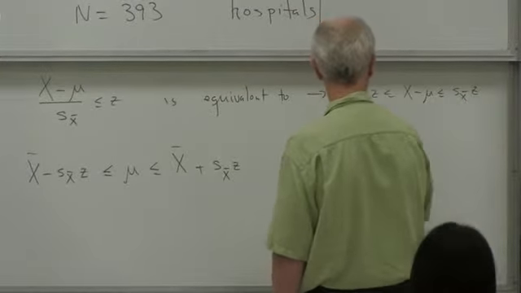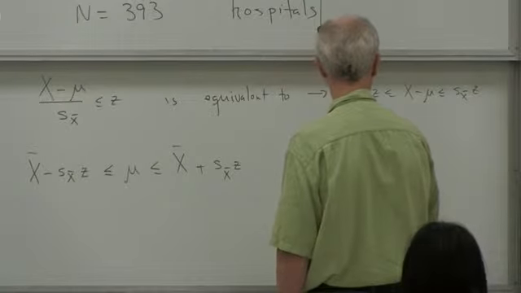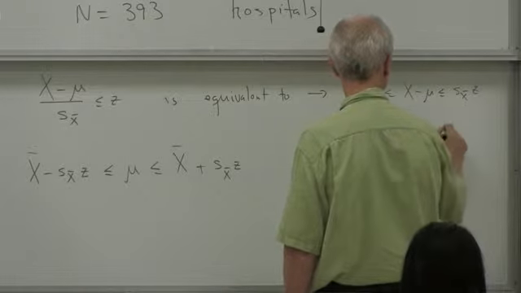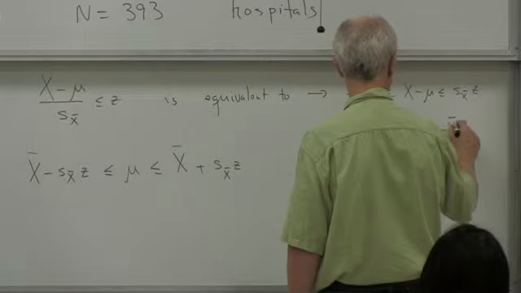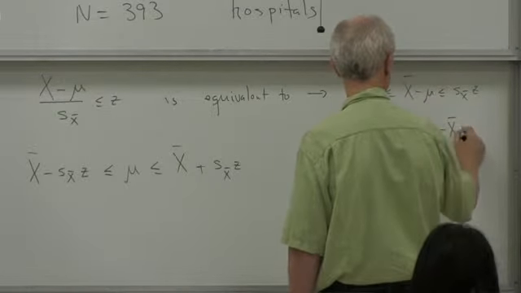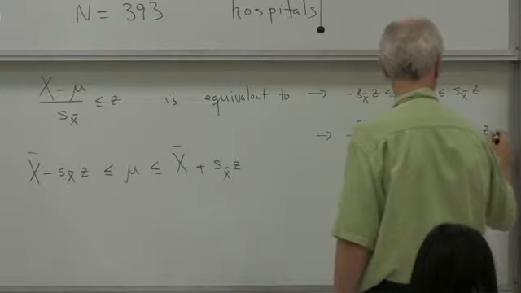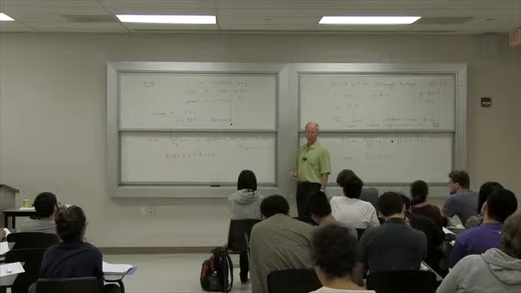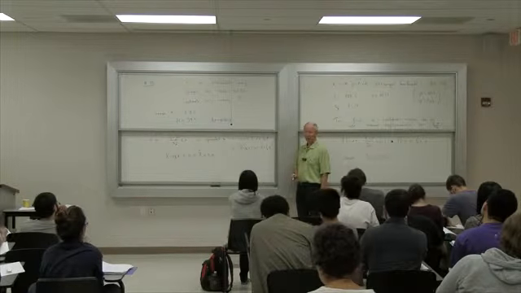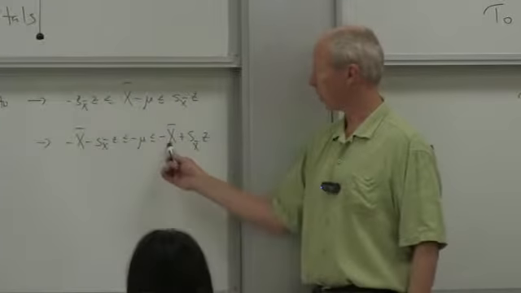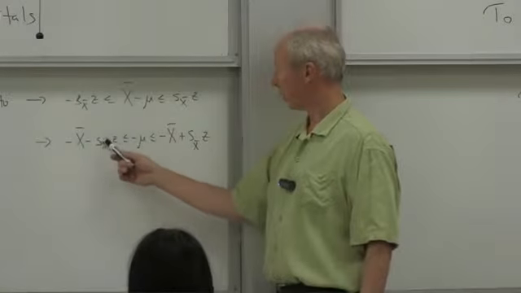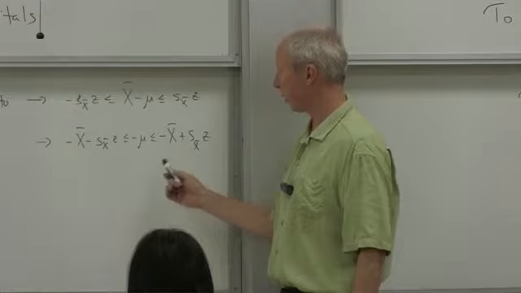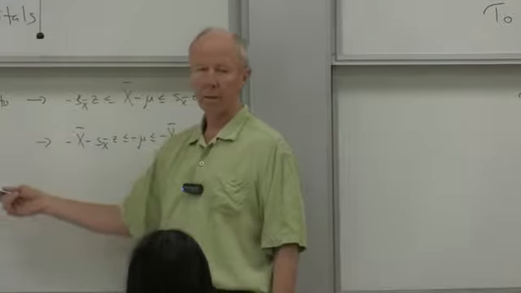Next step, subtract x bar from both sides. Final step, multiply by minus 1. That reverses these inequalities. Here we get this: minus 1 times this is bigger than or equal to mu, which is bigger than or equal to minus 1 times this, which is this inequality here.